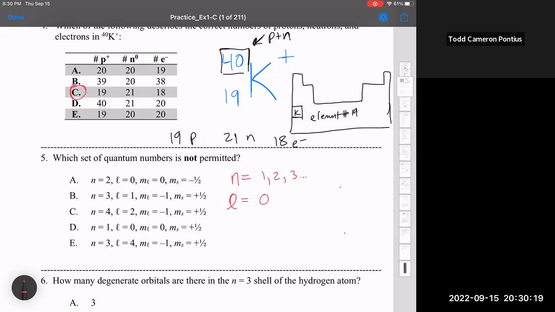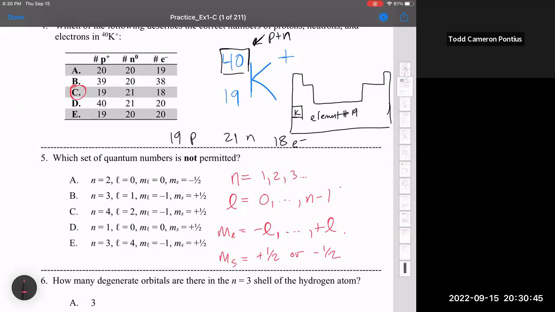It goes from 0 up through n minus 1. It can never be equal to n or exceed n. And then m sub l is equal to negative l to positive l. Finally, m sub s can equal either positive 1/2 or negative 1/2, upspin or downspin.